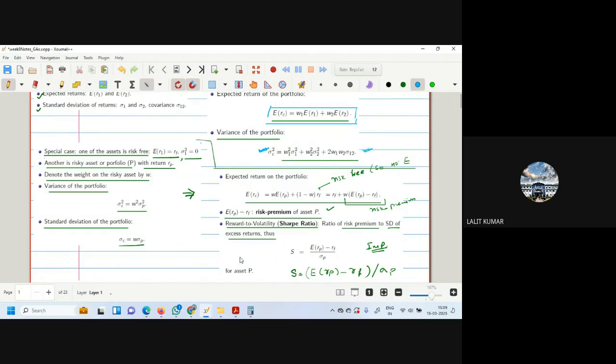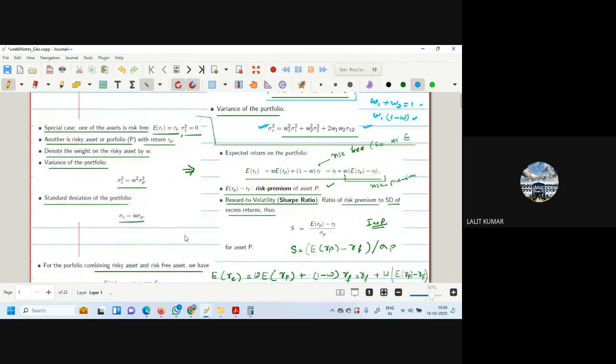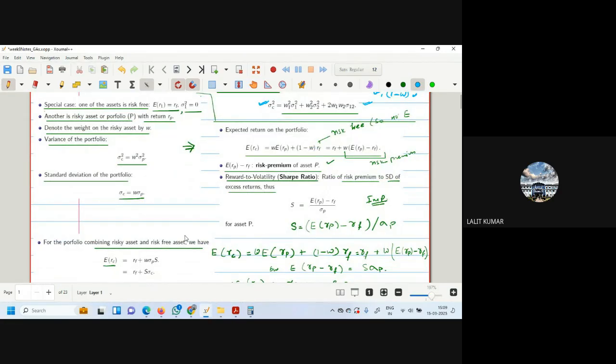We also know that weight 1 plus weight 2 is 1. So by putting W and 1 minus W, we can find the expected return, W into ERP plus (1 minus W) into RF, and we get a linear equation where the slope is ERP minus RF.